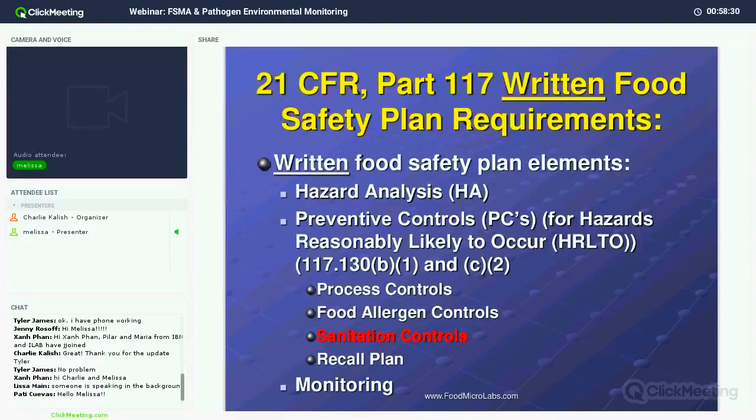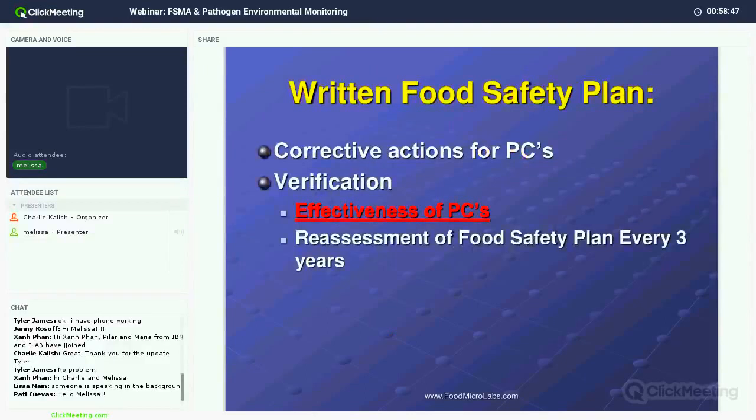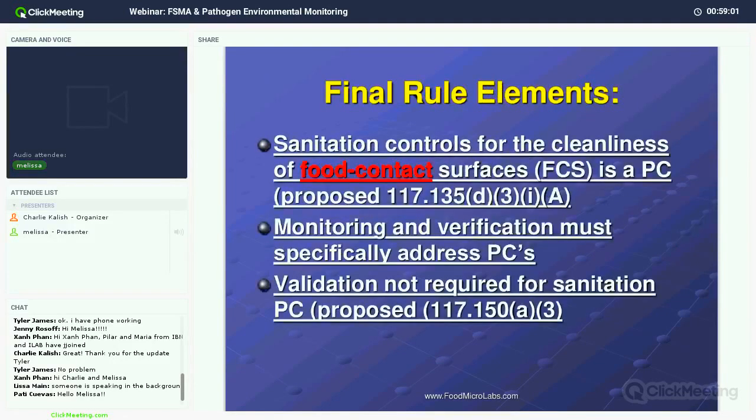As part of the new FSMA preventive controls for food, Part 117, sanitation controls are one of the preventive controls that the written food safety plan has to envelope. The effectiveness of preventive controls, as verification of their adequacy, is specifically what we're talking about.